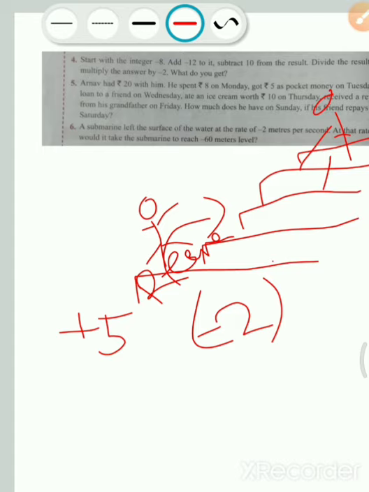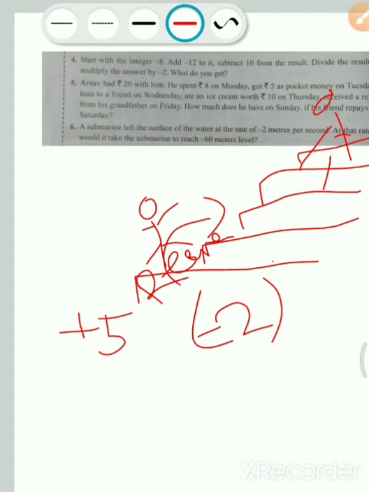Then how many seconds will it take to climb 60 stairs? We need to find how many seconds she will take to climb 60 stairs. So first of all, you see the stairs climbed by Rina in 2 consecutive seconds.